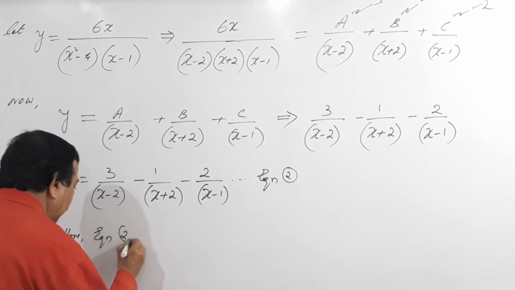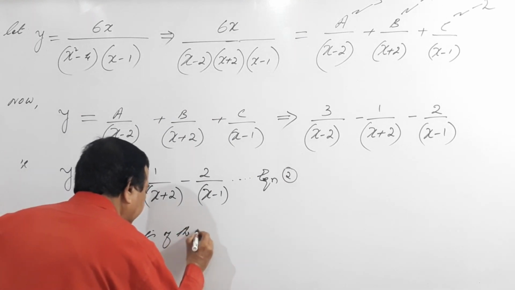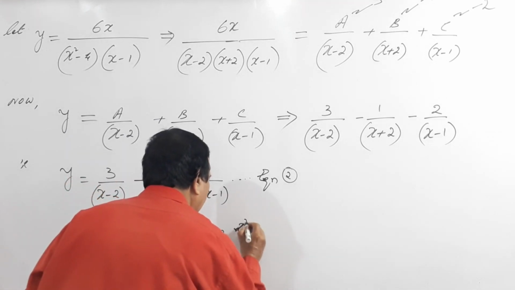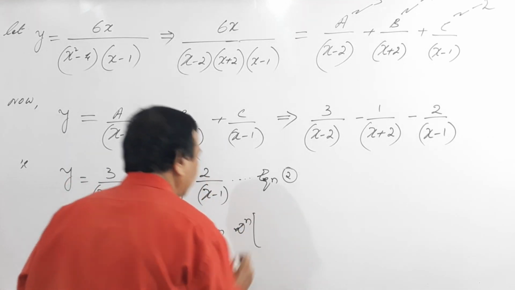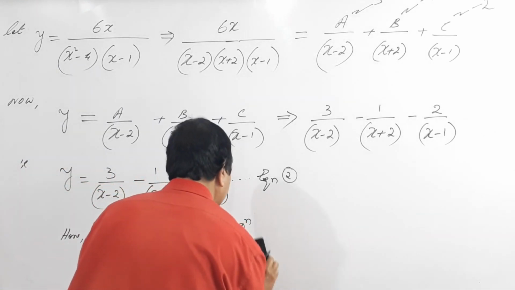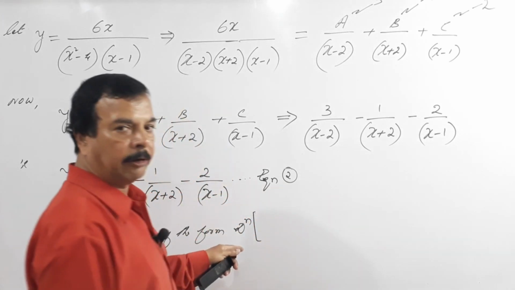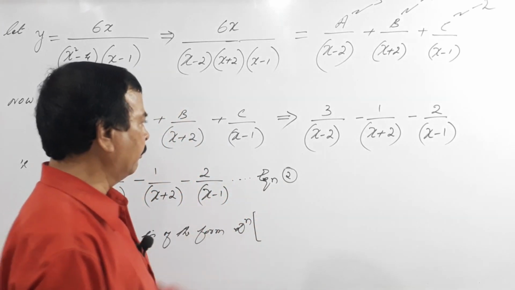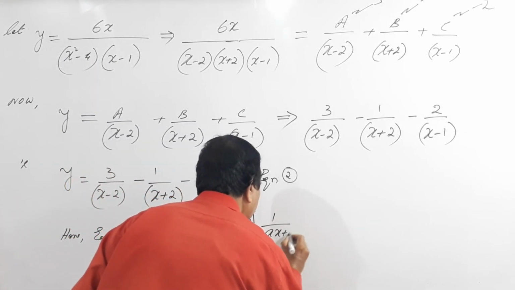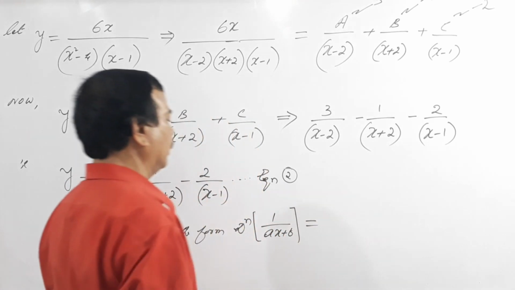equation 2 is of the form d to the power of n, that is the nth derivative of the given function, that is 1 by ax plus b, equals what?